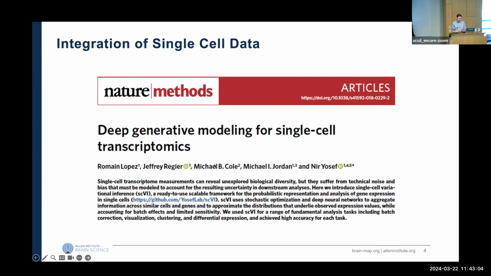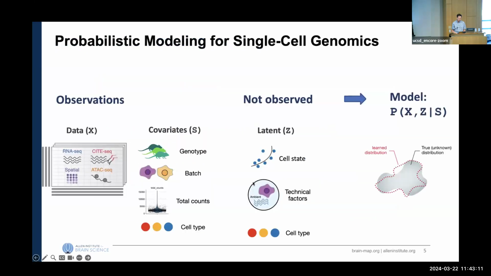So here's the paper from Romain Lopez. This was the original paper, Deep Generative Modeling for Single Cell Transcriptomics. The idea is that you have the typical setup of latent variables. In variational inference, you have latent variables, the variables that you believe are driving the structure that you see.